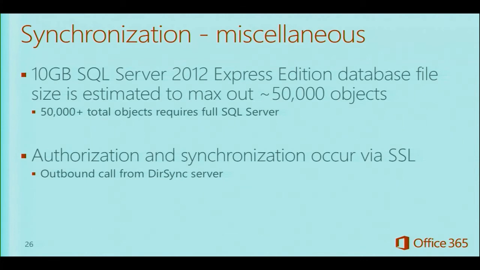You will end up having to purchase the full version of SQL Server yourself and use that. And there's simply no way around that. That's just one of the limits that we have in the Express Edition. So again, if you are larger than that, you will have to use the full edition of SQL Server.